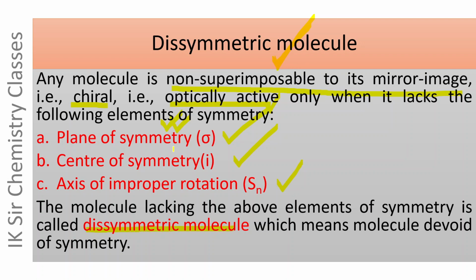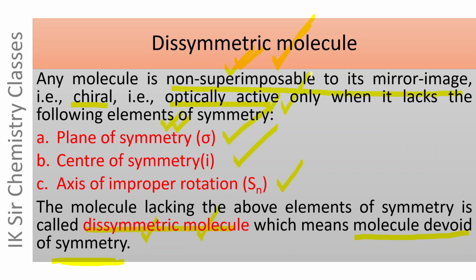If a molecule does not contain sigma, i and Sn, it is called a dissymmetric molecule, which means the molecule devoid of symmetry. Such a molecule, that is a dissymmetric molecule, is non-superimposable to its mirror image, chiral and optically active.